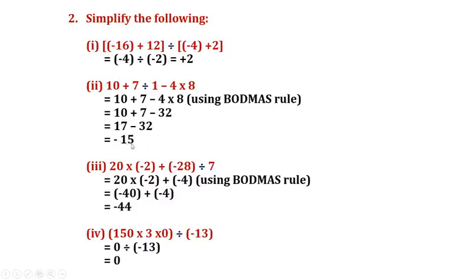So again I am explaining the same problem on the board here. Listen carefully, this is very important. I have to apply the BODMAS rule in competitive exams also, which is 10 plus 7 divided by 1 minus 4 into 8.